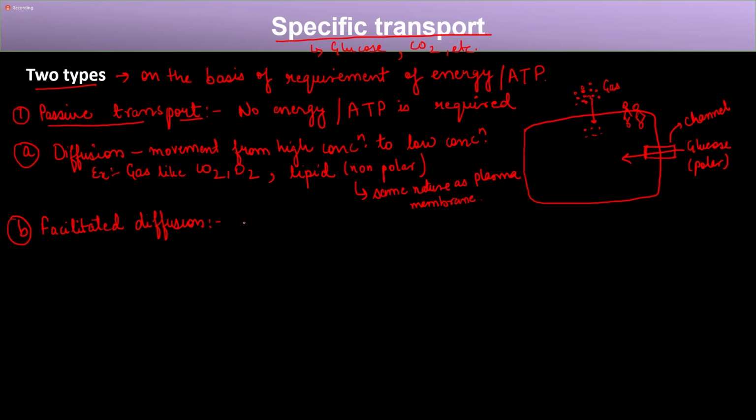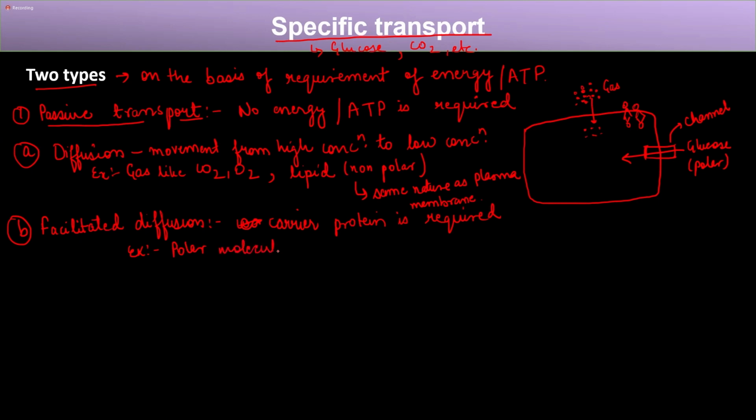Facilitated diffusion is one where a carrier protein is required, because this carrier protein facilitates the movement of the glucose molecule, and hence this type of diffusion is known as facilitated diffusion. The example of facilitated diffusion is, like I said, the polar molecules.